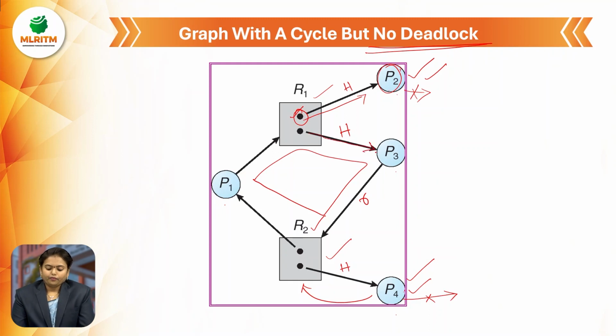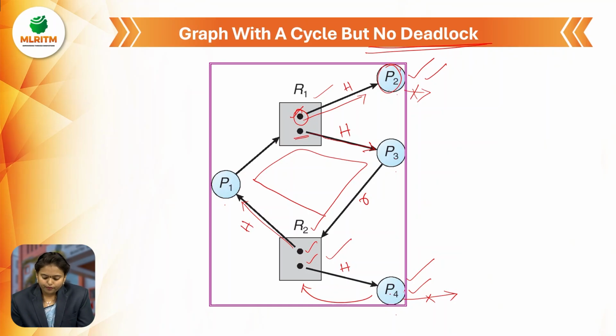There are two instances in R2. One instance of R2 is already held by process P1.